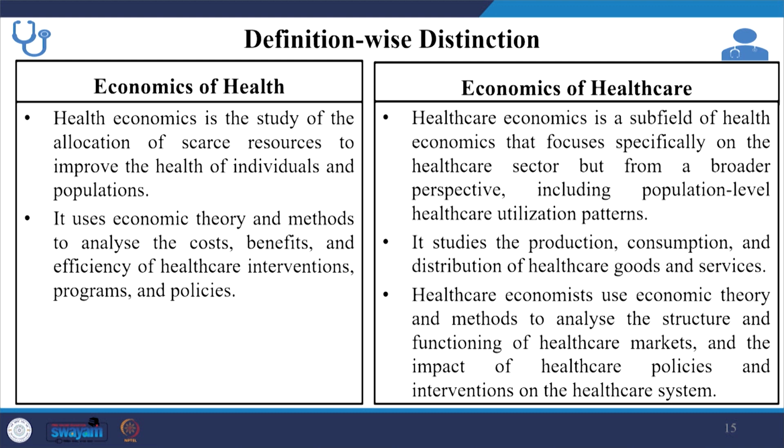The economics of healthcare studies the production, consumption, distribution of healthcare goods and services, which I already mentioned. Healthcare economists use economic theory and methods to analyze the structure and functioning of healthcare markets and the impact of healthcare policies and interventions on the healthcare system.